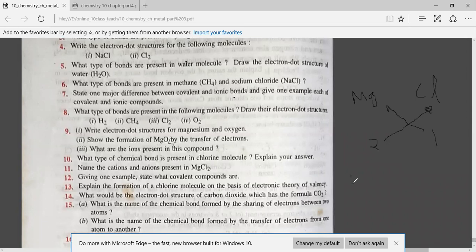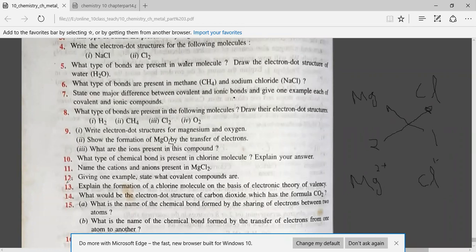So we have Mg2+ and Cl-. These are the ions. This is the cation and this is the anion.